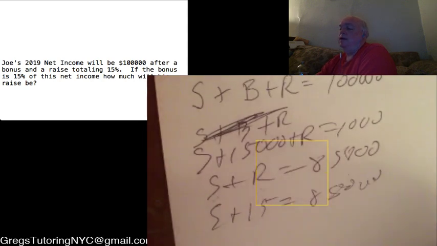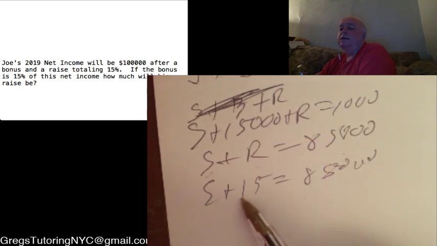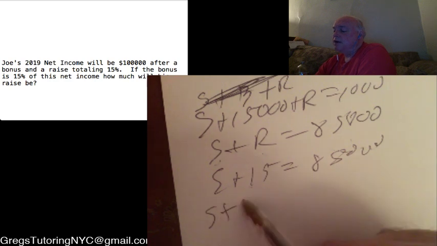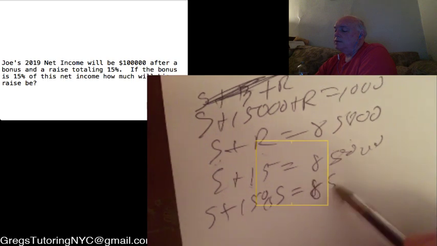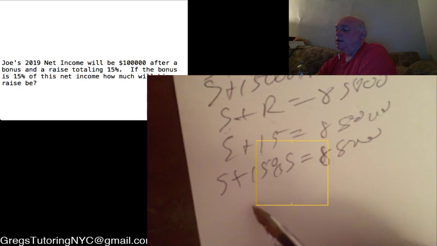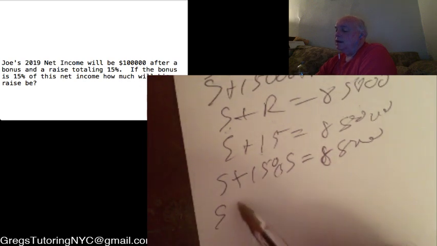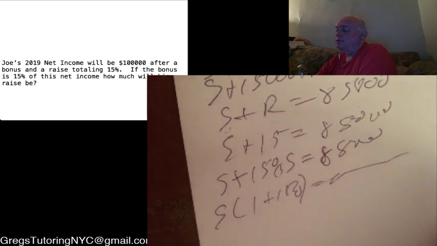That has no meaning. That's meaningless. So it's 15% of what? It turns out his raise is 15% of his salary. So it's his salary plus 15% of his salary equals 85,000. Okay? So if we use the distributive property, and some of you probably know where I'm heading here, this is basically S times (1 plus 15%) equals 85,000.